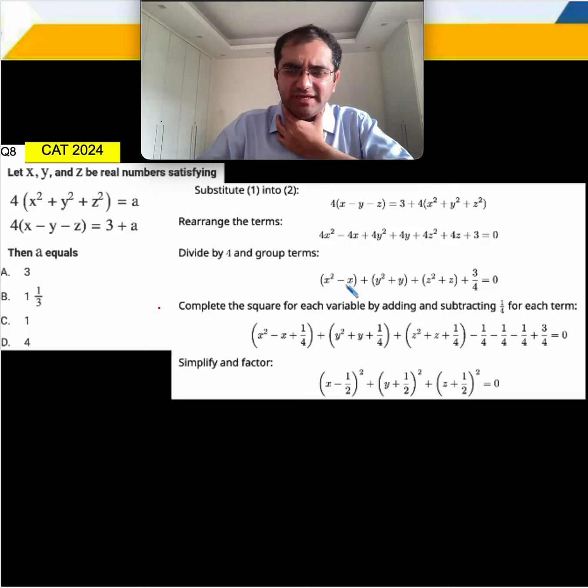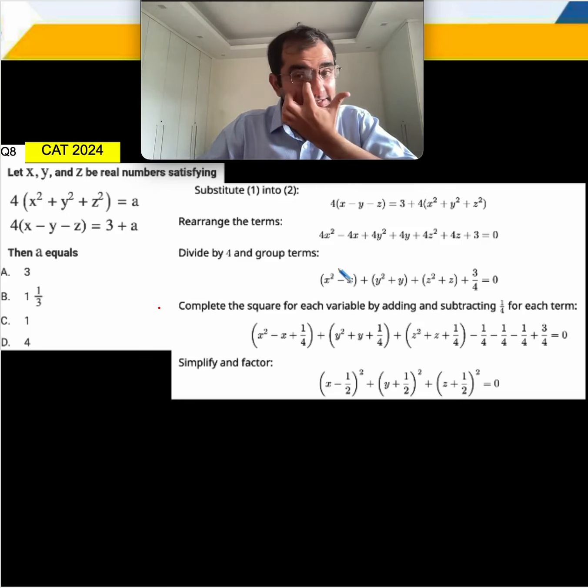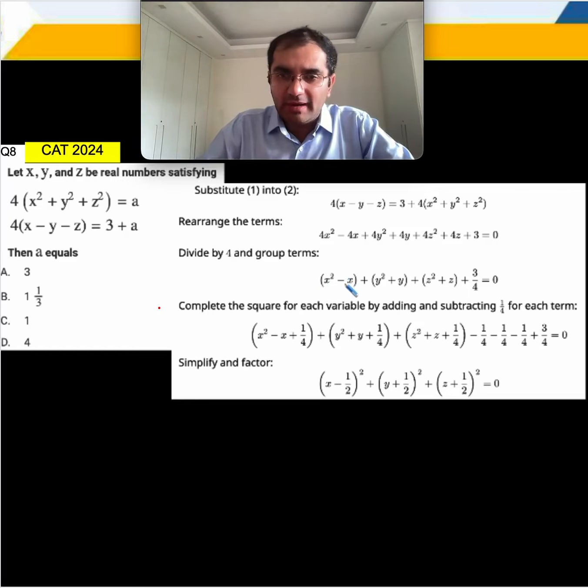Is this making any sense? If I want to make over here x minus something whole square मुझे बनाना है, this is x square minus 2 into x into half plus half का square. That is why यहाँ पे तीनों के अंदर हाफ का स्क्वायर मैंने ऐड कर दिया. ऐड एक बार, दो बार, तीसरी बार, और उनको फिर सब्ट्रैक्ट भी कर दिया.